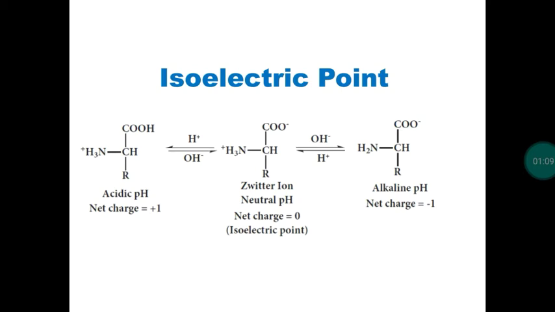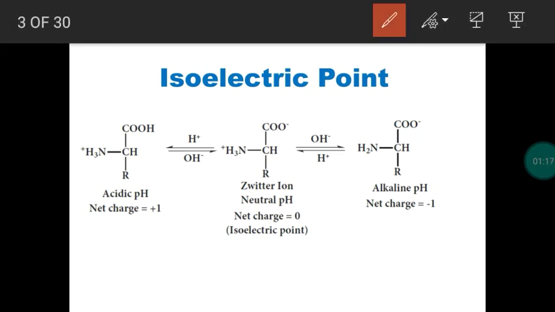Next, what is isoelectric point? This is a public 2 mark question. When we take amino acids, we have two functional groups, carboxylic acid and amino group. At one particular pH, the amino acid molecule will exist as a neutral molecule.